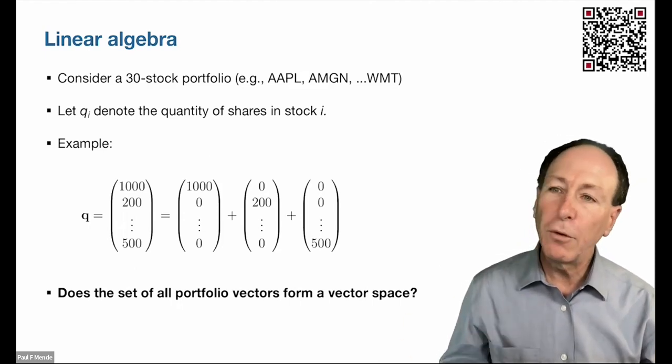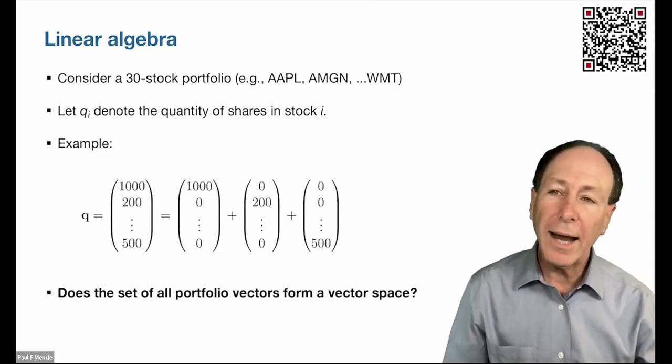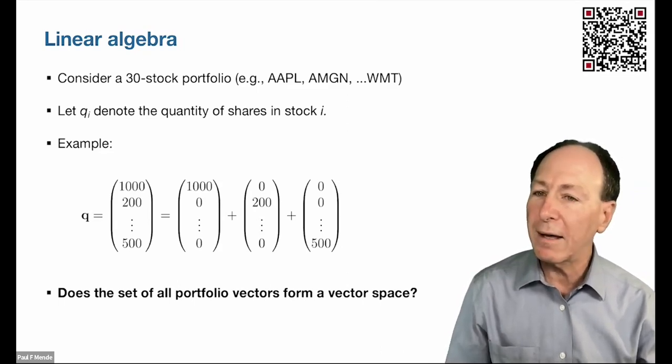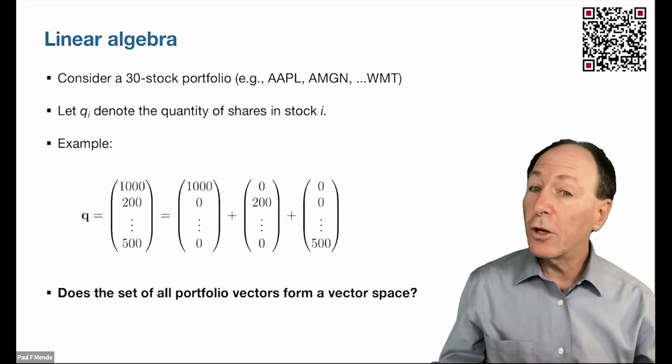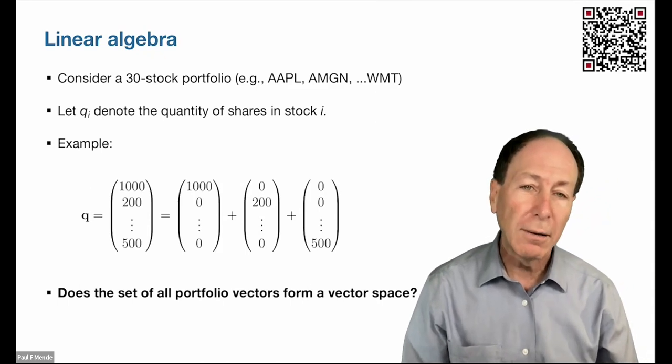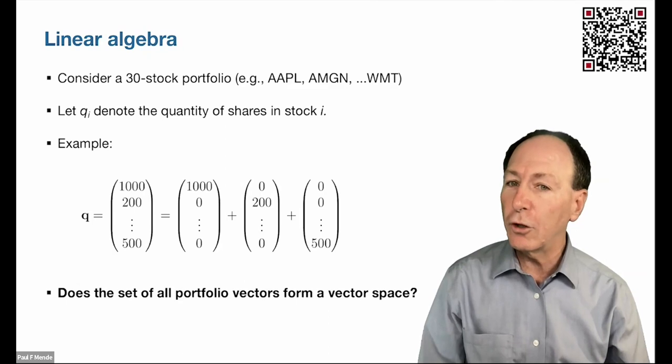Well, if you think about what you learned in linear algebra, there were a couple of details in there, and they might not have seemed important at the time, but they might be when we look at applications. For example, you can only buy integer numbers of shares. You can't buy half a share or a third of a share or the square root of 2 of a share.